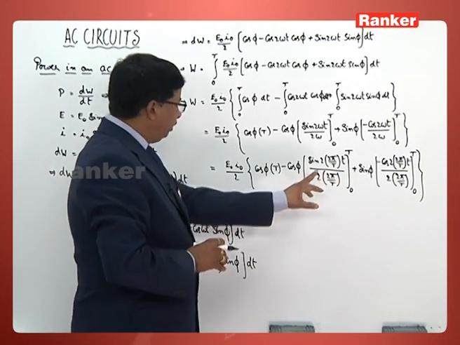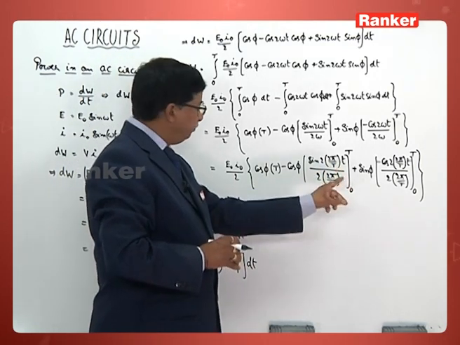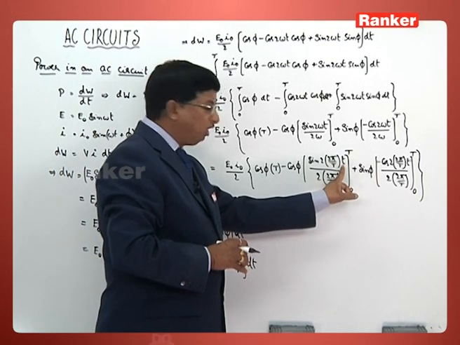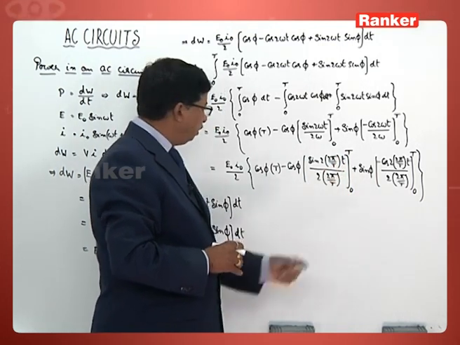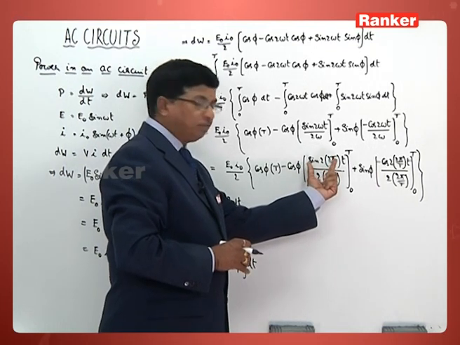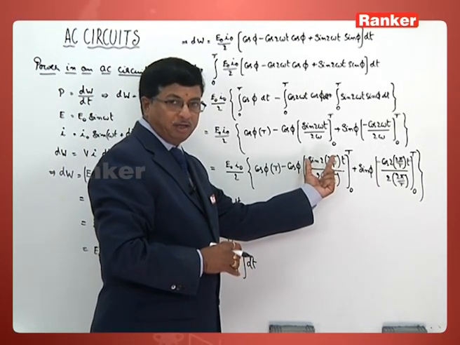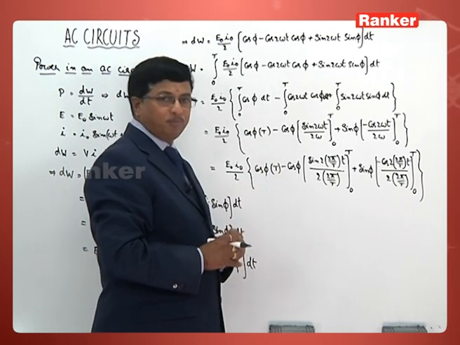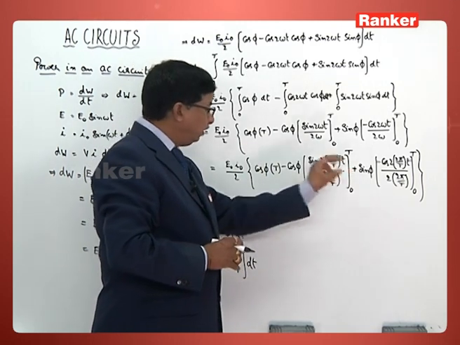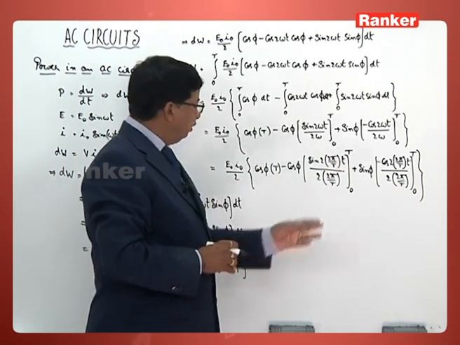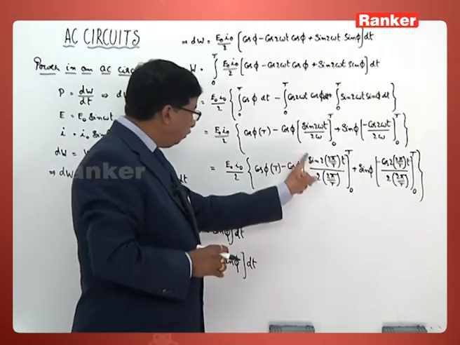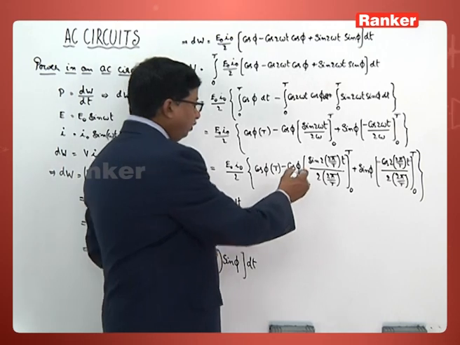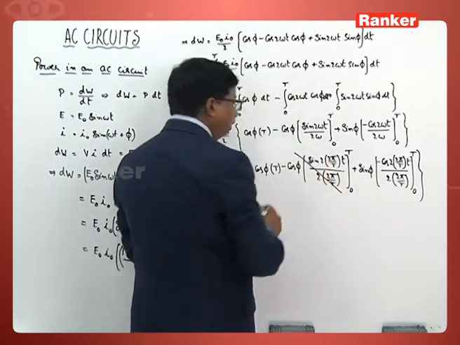If you carefully observe this one, in the upper limit when I substitute here, t gets cancelled, you are left with the sin of 4 pi, which will be 0. The lower limit, when I substitute there, directly becomes sin 0. That also is going to be 0. So this total value will be 0 now.